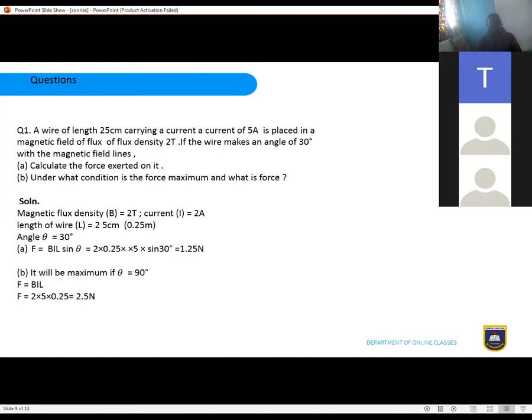If the wire makes an angle of 30 degrees with the magnetic field lines, A, calculate the force exerted on it, and B, under what condition is the force maximum, and what is that force. There was some typing error.